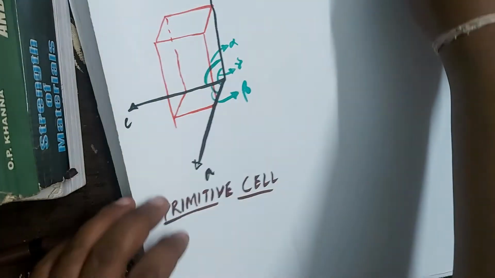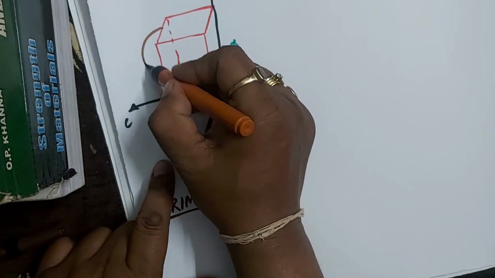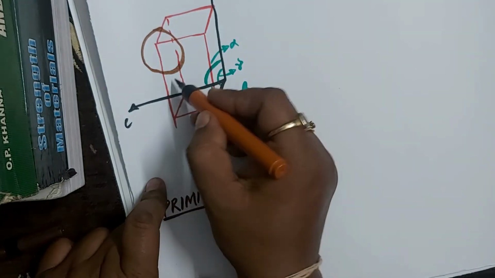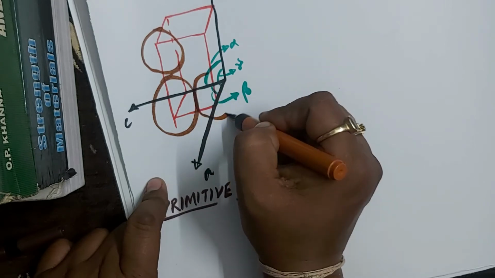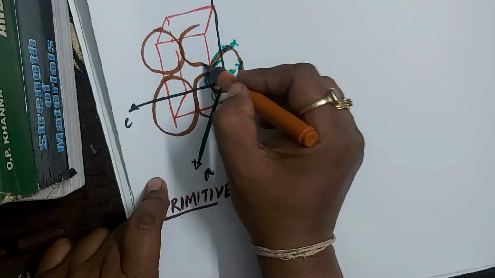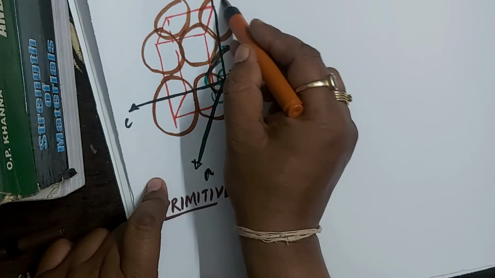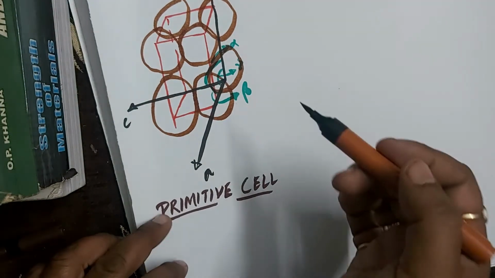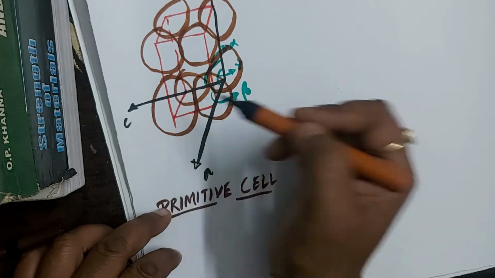Like in this corner we have one, here we have another one, like this, and in this point we have another one.